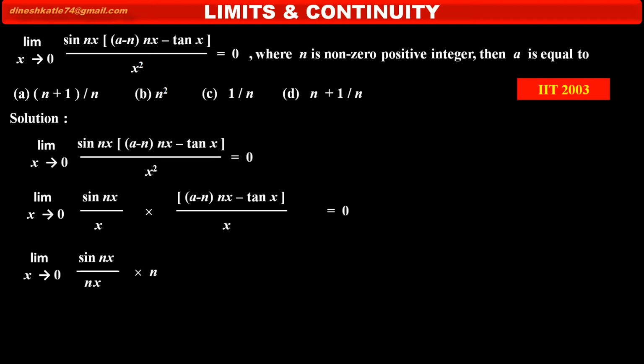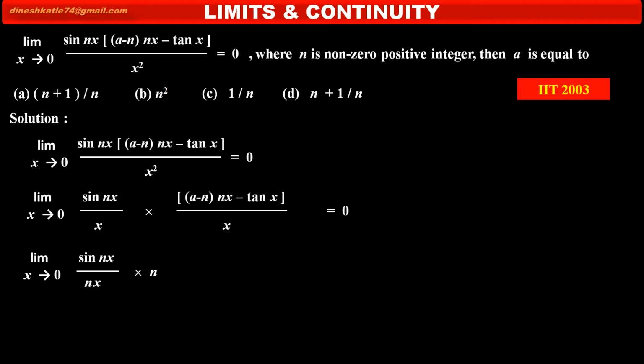Since the angle of sine is nx in the numerator, we want the denominator also as nx, so that we can apply the rule limit x tends to 0 sin x upon x is equal to 1.